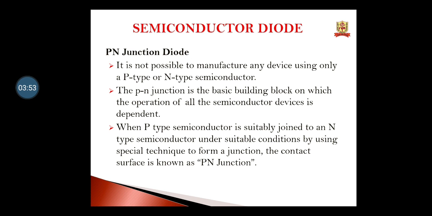The p type and n type semiconductors are constructed in such a way that they are joined, and where they have joined, they form a junction of p and n, and that is called the p-n junction. There is a special technique to form this junction. So this is how a p-n junction diode is formed.